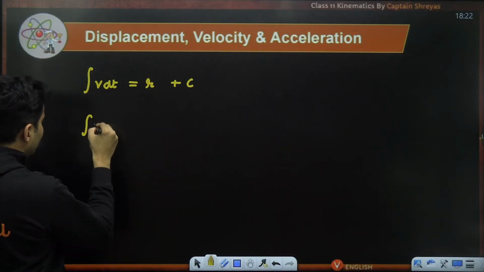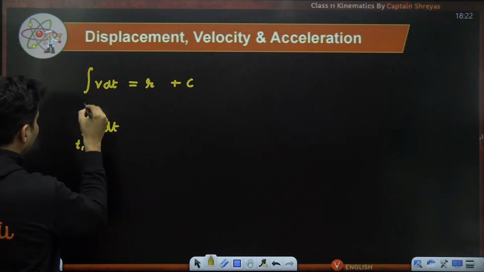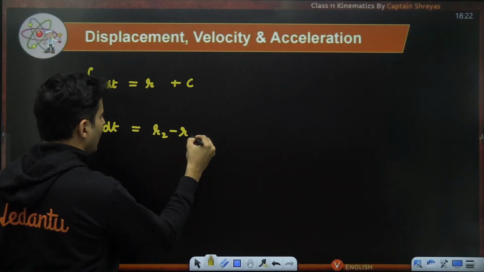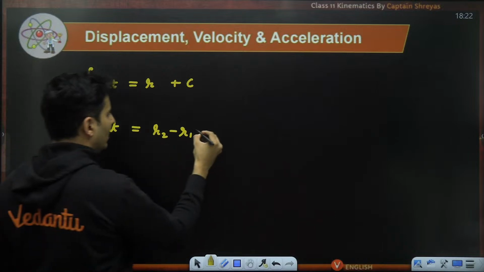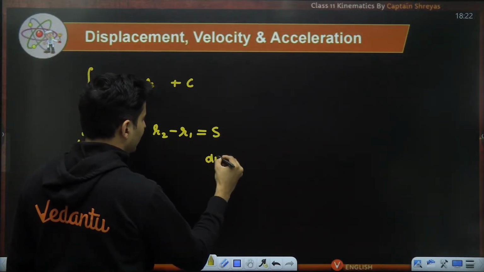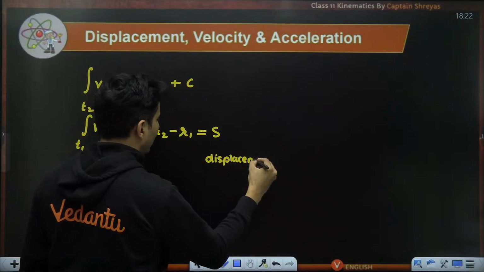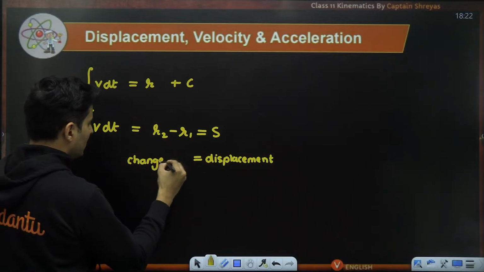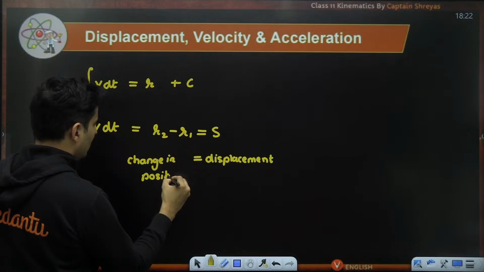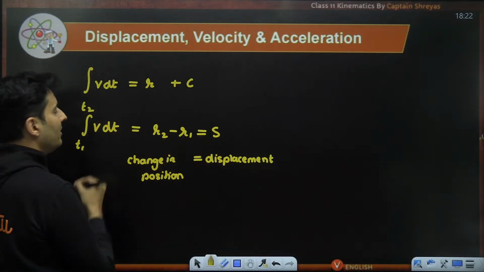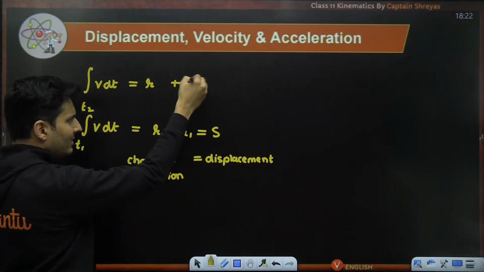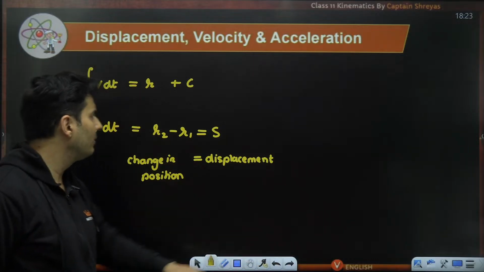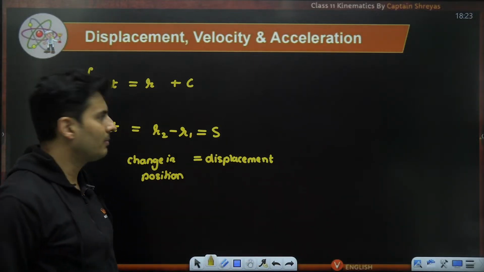If I put it with limits, integral v dt from t1 to t2, then it will be nothing but r2 minus r1, position at 2 minus position at 1, which is then displacement, because the displacement is nothing but your change in position. So when you do definite integration, you will get displacement. When you do indefinite integration, you will always have some ambiguity. You will again have to use some other equation or method to find that C, but it will give you then the position of that particular particle.